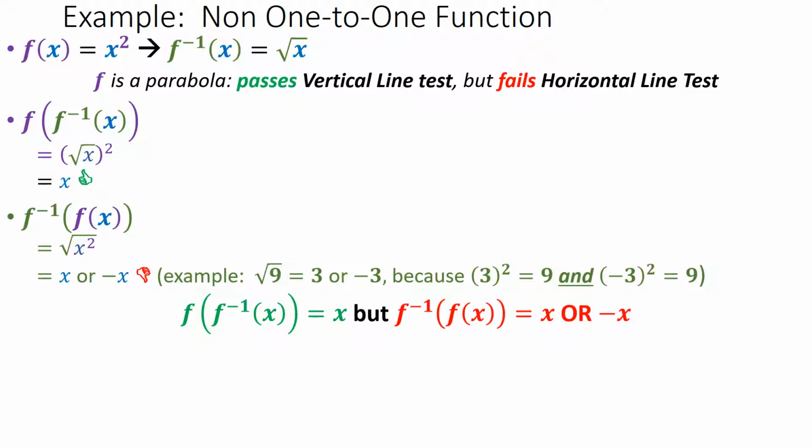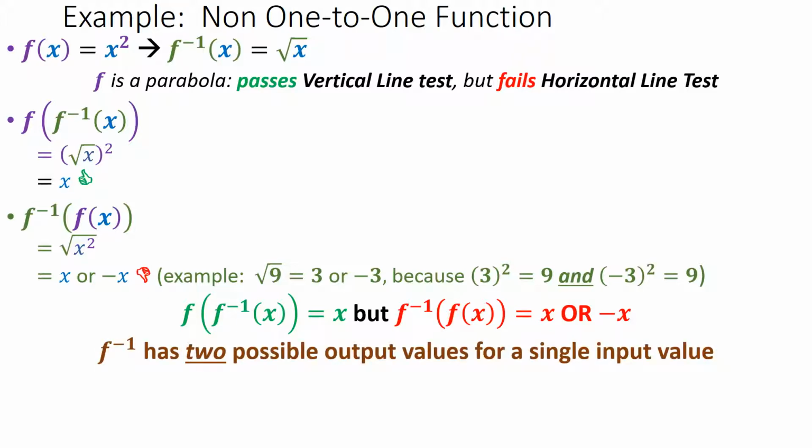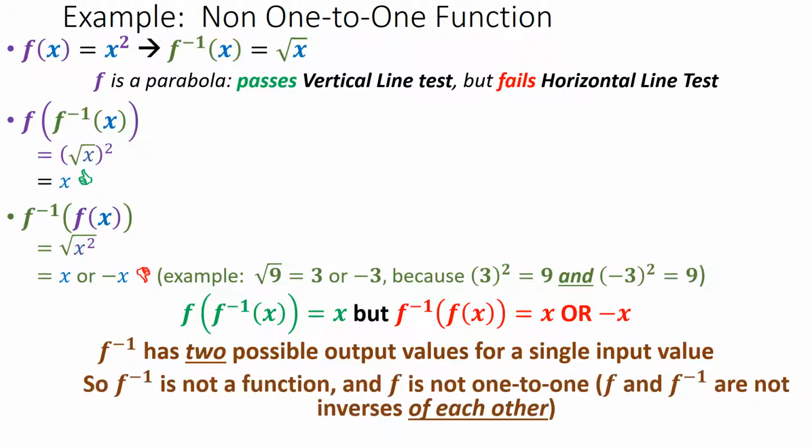So f inverse plugged into f gave us just x, which is good, but f plugged into f inverse gave us x, and it also gave us negative x, which is not good. So f inverse has two possible output values for the single input value, and f inverse is not a function, therefore f is not one-to-one.